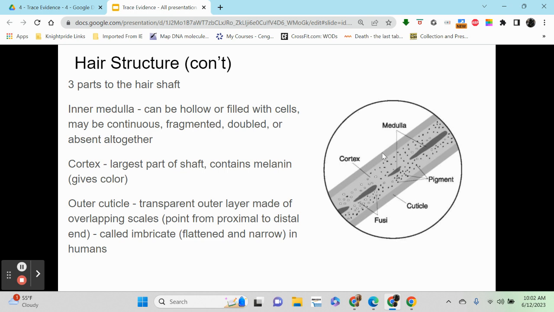It's going to give a lot more specificity when you're trying to identify a particular source of a hair that you may have collected. Okay. So again, if we go back, we've got the medulla, the middle part. The cortex is the colored portion that we oftentimes say is brown hair, black hair, blonde hair, and so forth. And then you've got the cuticle, the outermost, protective part of the remainder of the hair. Okay.